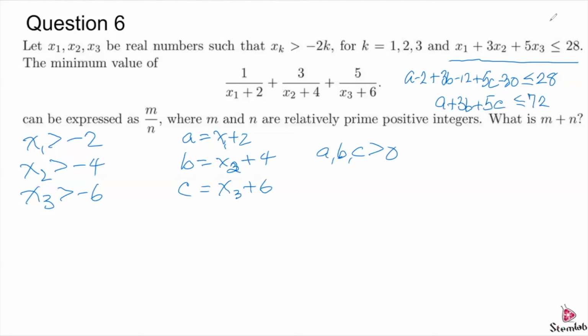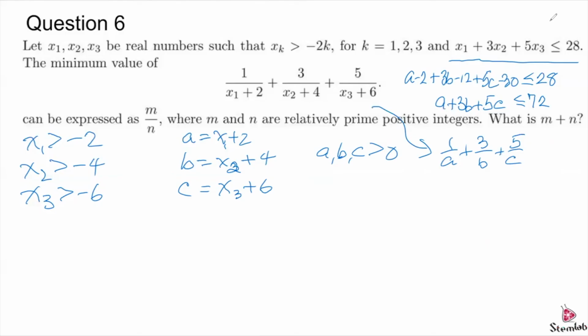Okay, so that's one constraint that we have. Rewriting the fractional expressions that we have, this one becomes 1 over A plus 3 over B plus 5 over C.